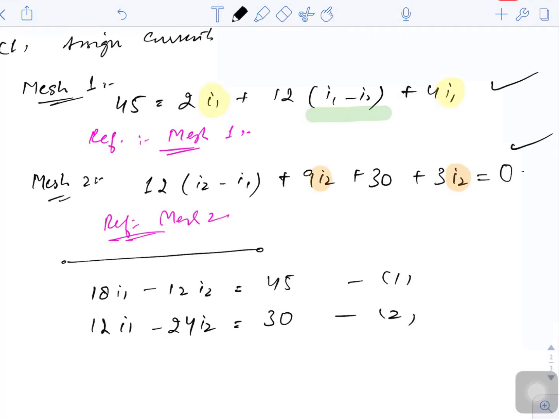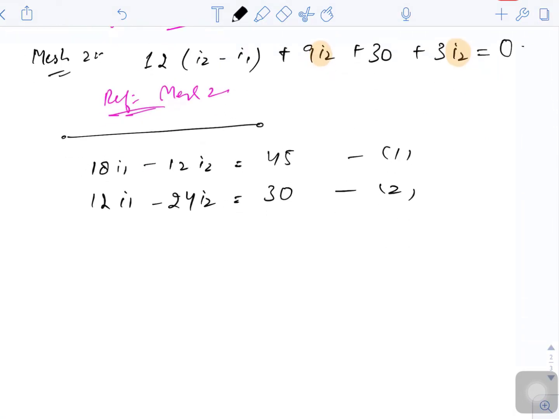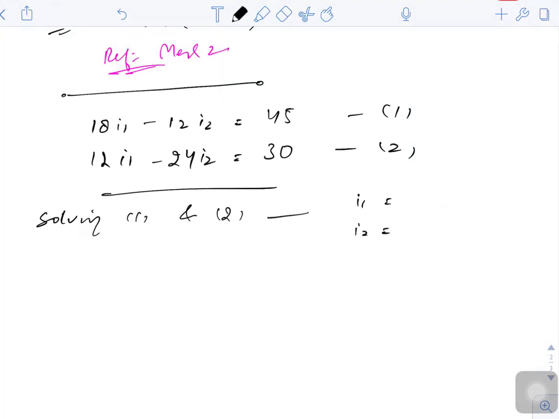So these are the two equations. Now you can solve them to calculate I1 and I2. When you solve, your I1 must be 2.5 ampere and your I2 must be 0 ampere.